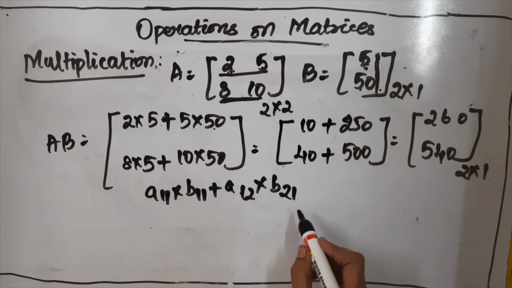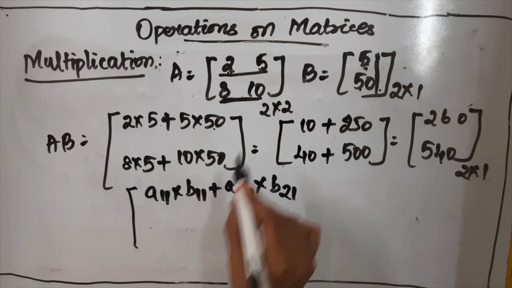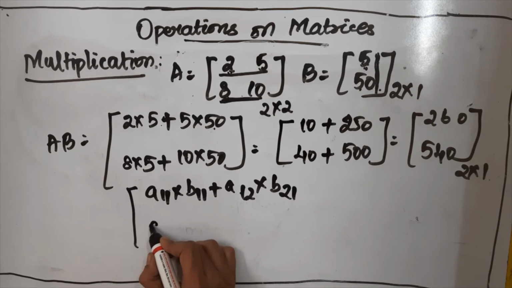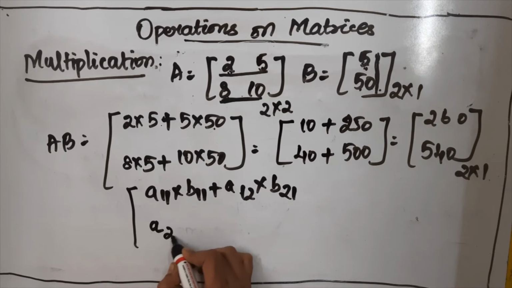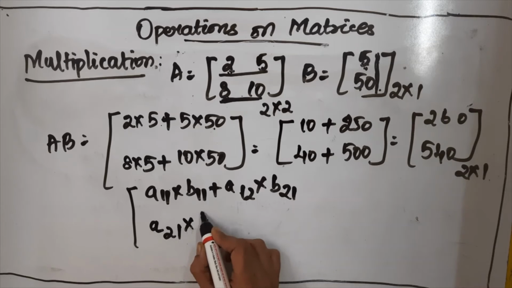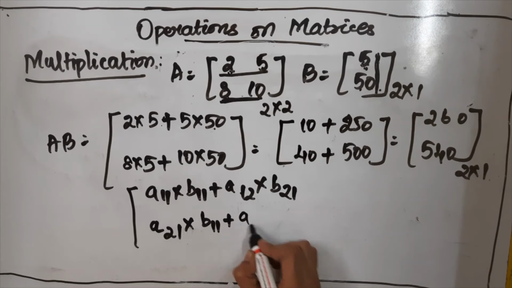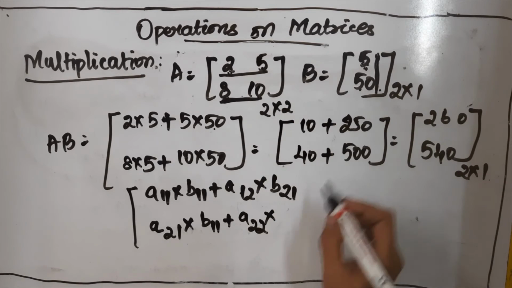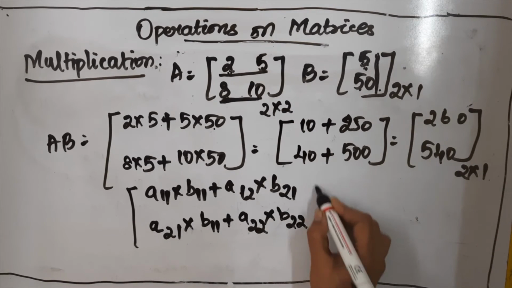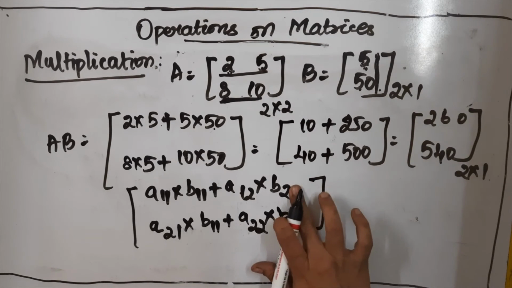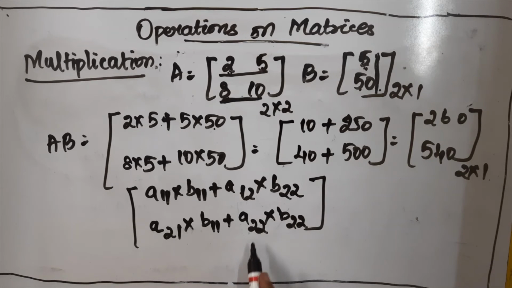Next, second row, first column: 8 into 5, which is A21 into B11 plus A22 into B21. This is how we solve the multiplication.